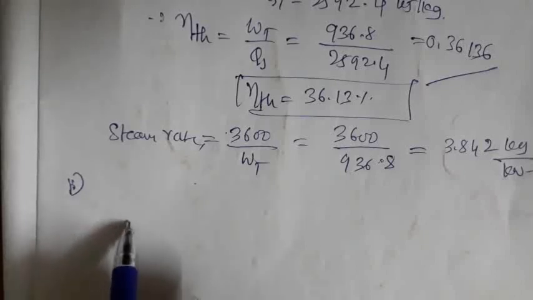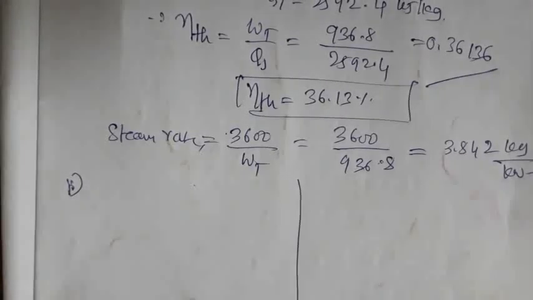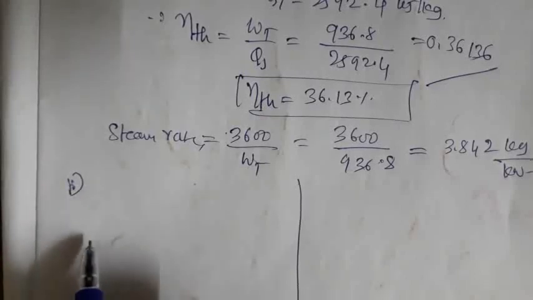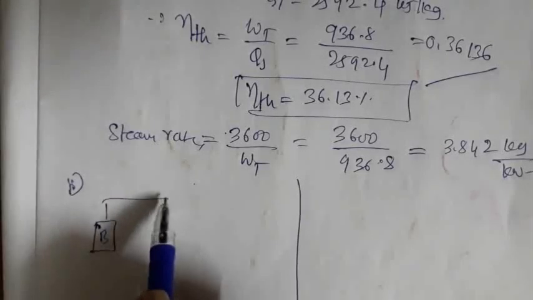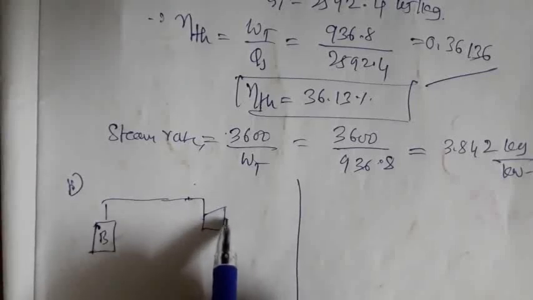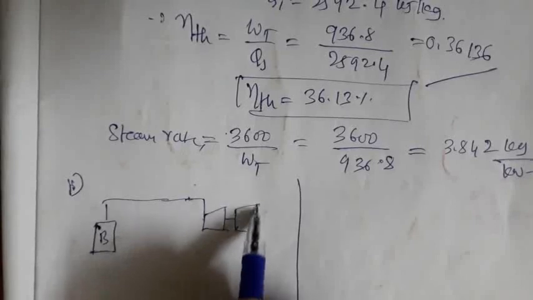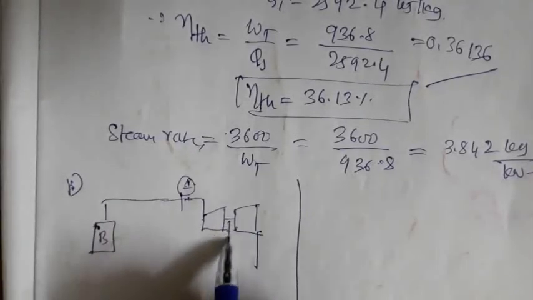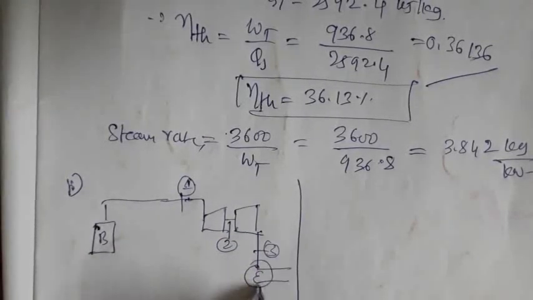So keeping the same notations, how can I modify this cycle? Here I have the regenerative Rankine cycle with open feed water heater. This is the boiler. Here I have the turbine. State 1, this is state 2, here state 3, this is the condenser.